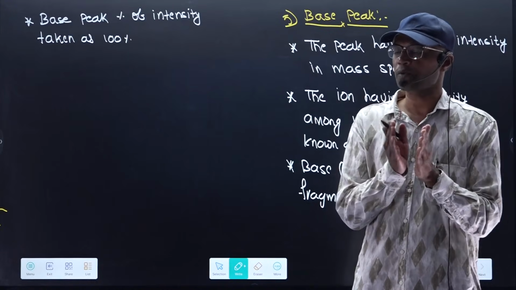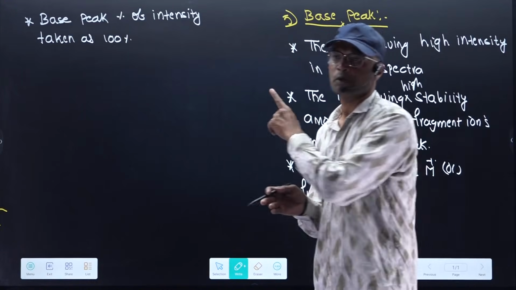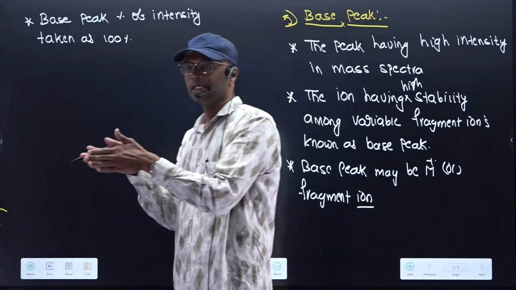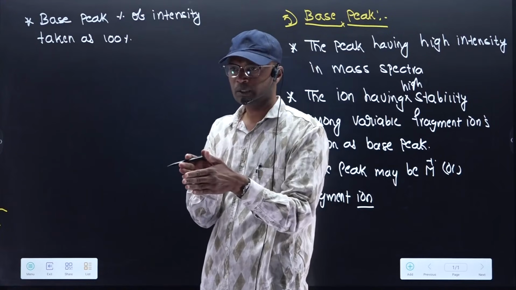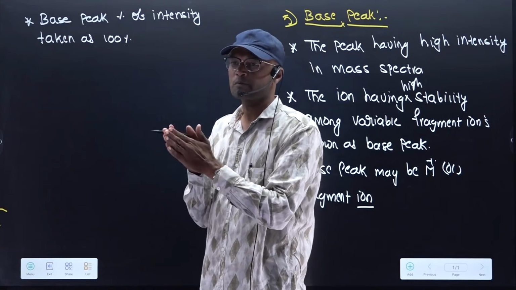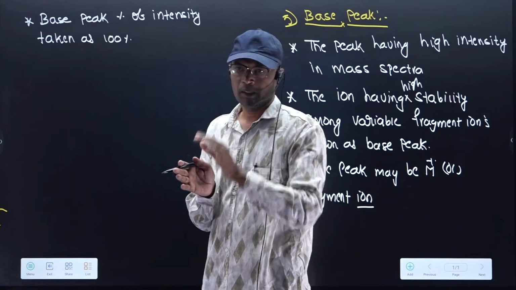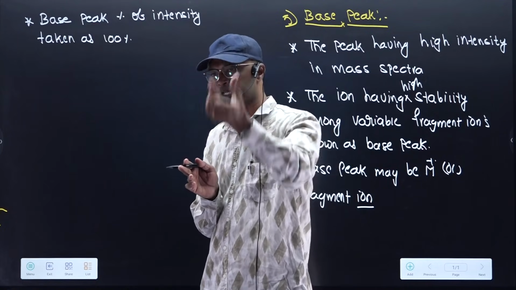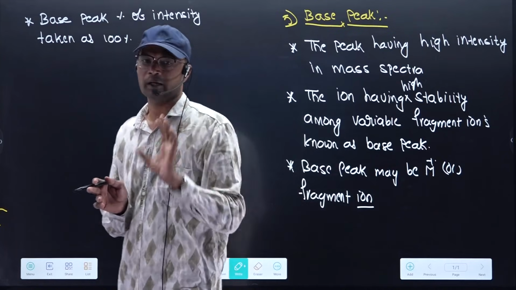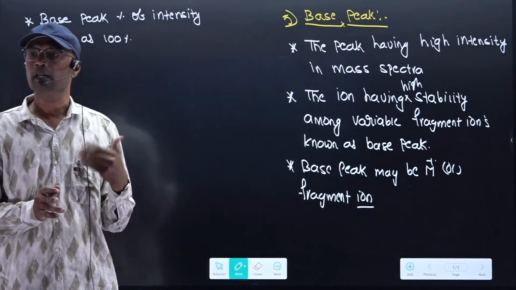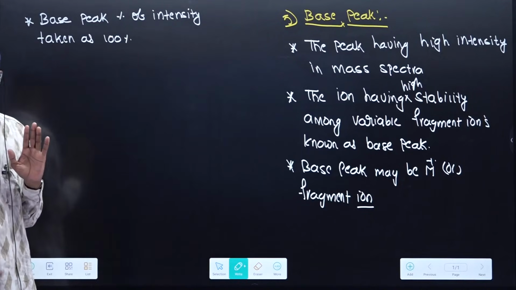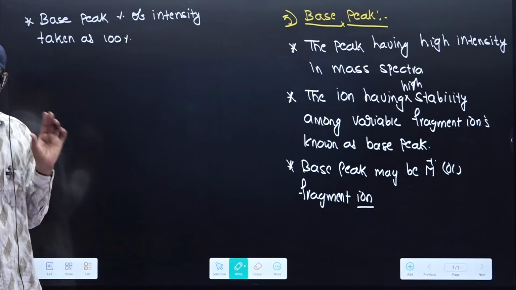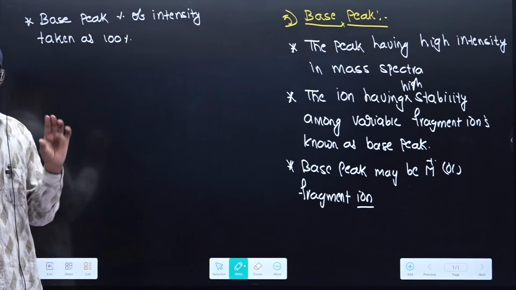Other ion intensities are calculated on the basis of the base peak only. That's why the base peak is always taken as 100%. The base peak height is taken as 100%, and related to the base peak, other peak intensities are calculated. That's why it is called relative intensity. Relative intensity is nothing but giving the intensity of isotopic peaks or fragment ion peaks based on the base peak.